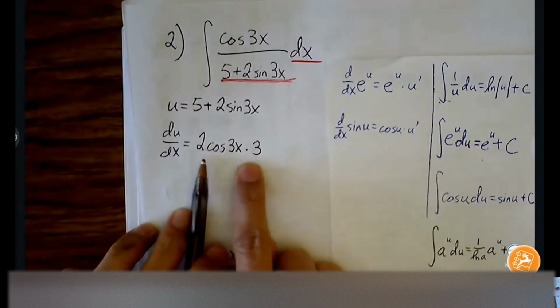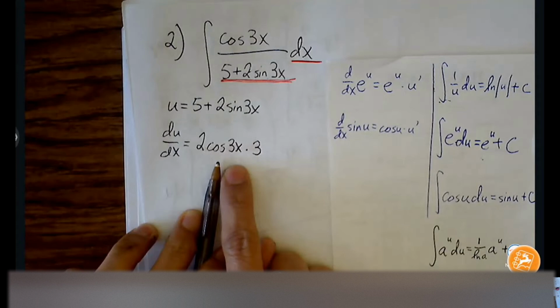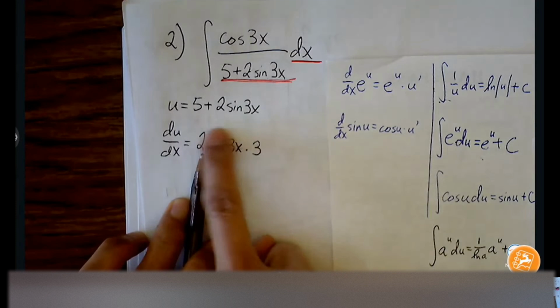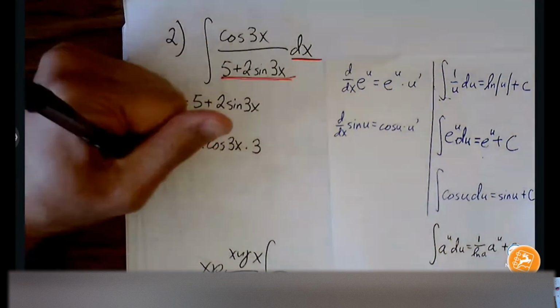Okay, can I merge anything here? Yeah, 2 and 3, right? Careful, when this 3x is inside the cosine. We can't touch that 3x, but we can move that 3 in front and put it with the 2.